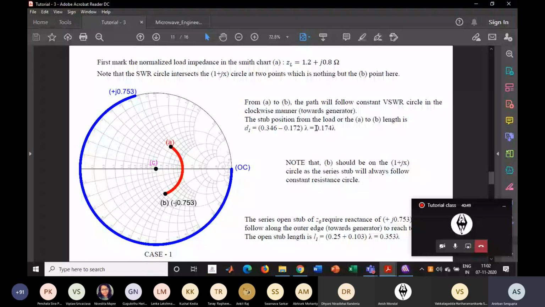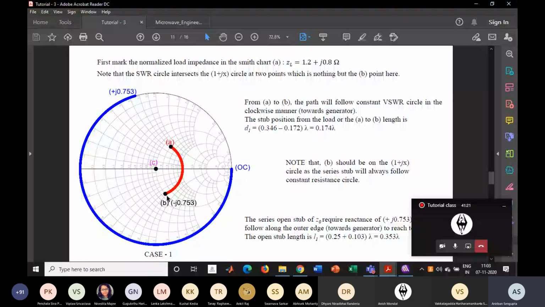So the stub position from the load you have to find from this, so that the locus of this load impedance will fall on the constant R circle, that is 1 plus jx. Now you have to compensate the reactive part. The real part is done.